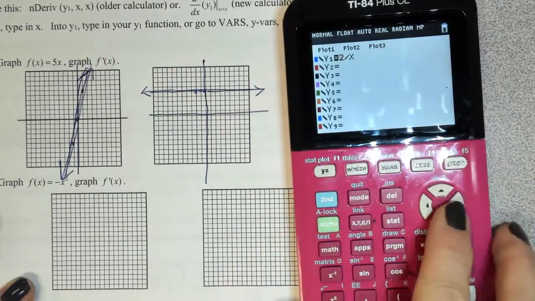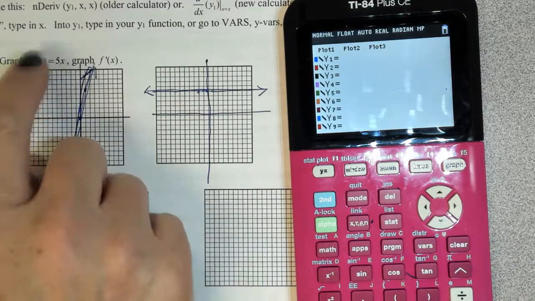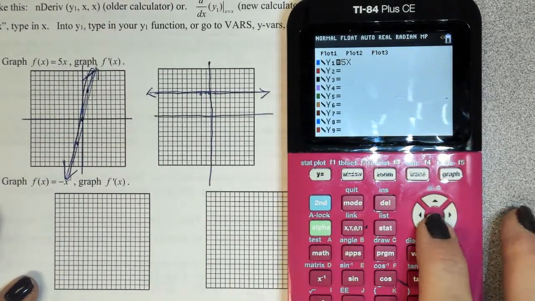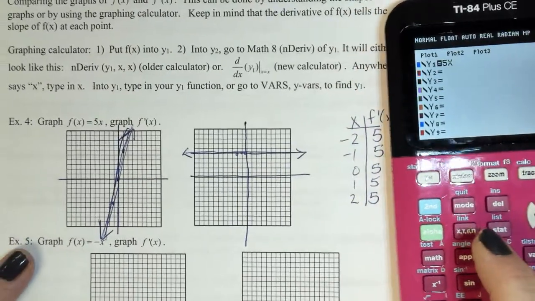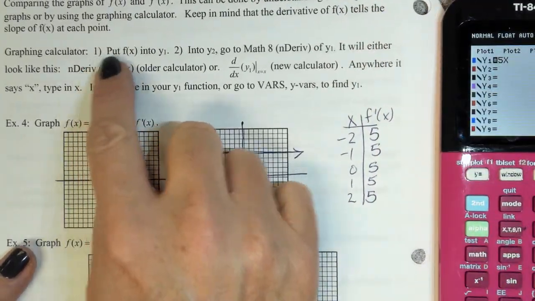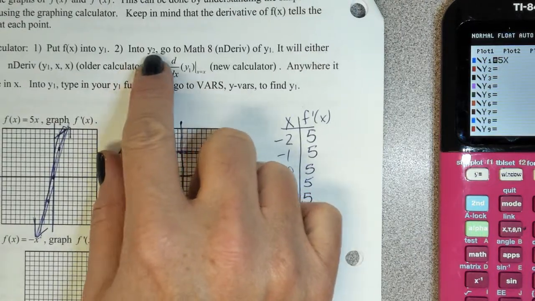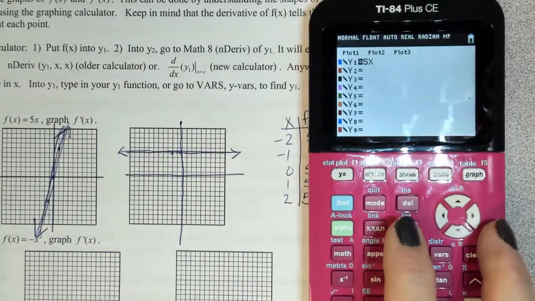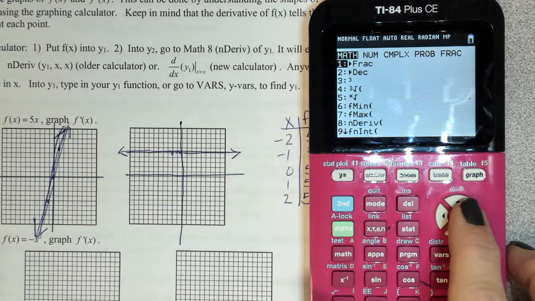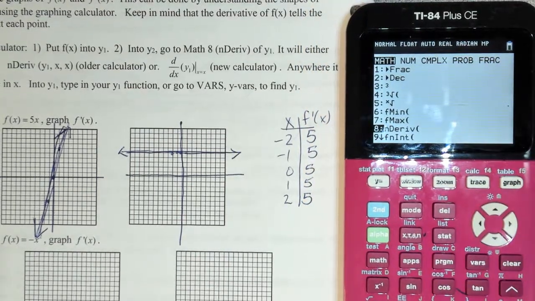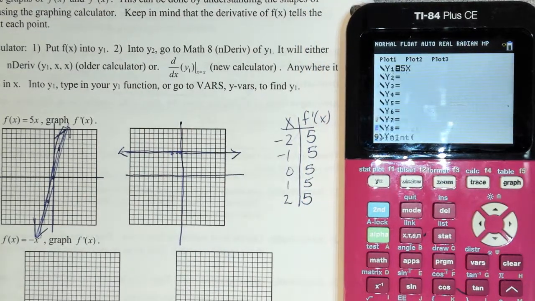Go to y equals, we're actually going to just start with this one. 5x, put it in. Go down to y sub 2. Here I typed up the directions how you would do this. Into y sub 2, you're going to go to math. Go to nDeriv. See it down here, number 8, nDeriv. So we're going to go down to nDeriv, and we're going to hit enter.